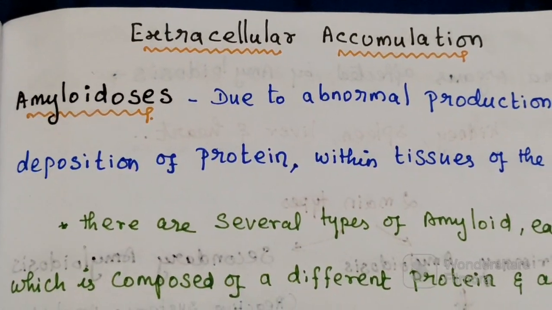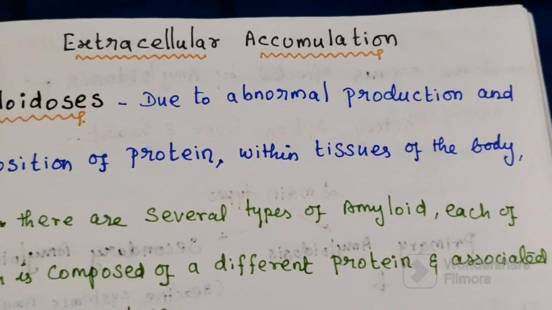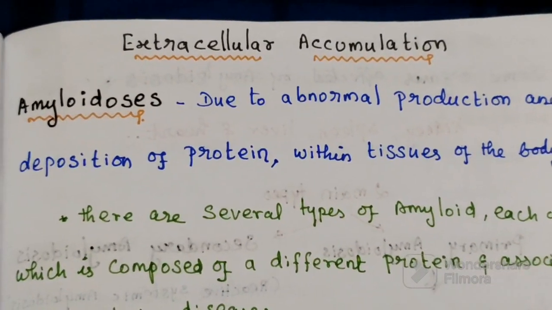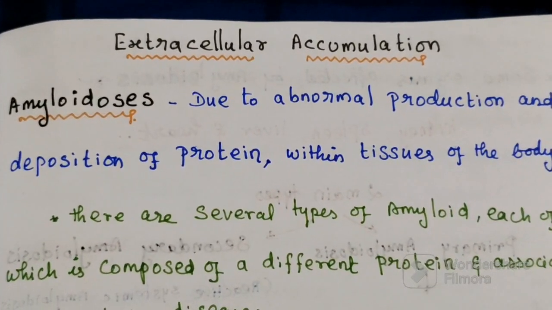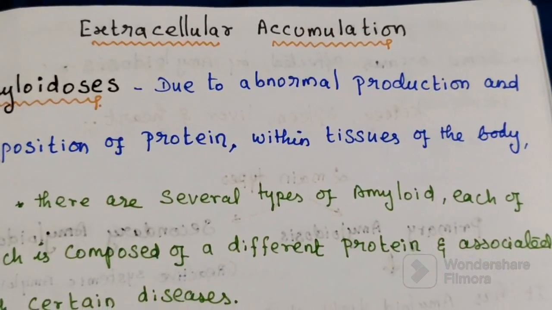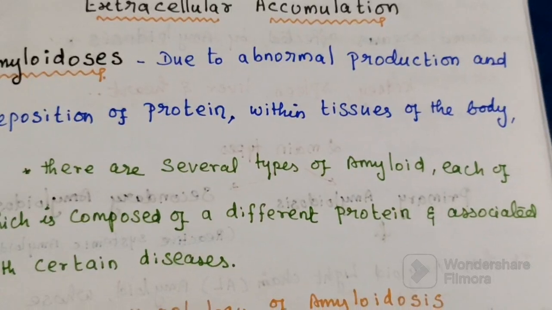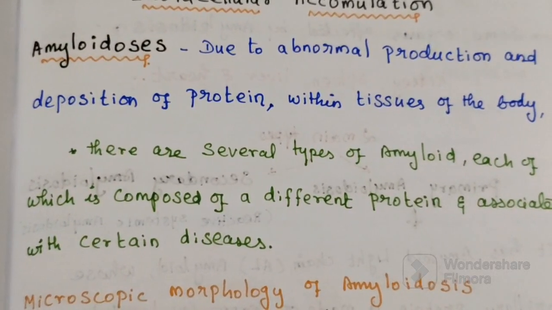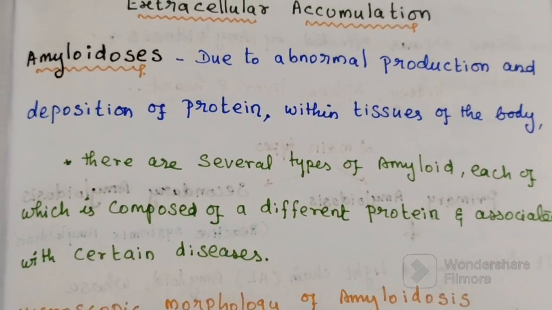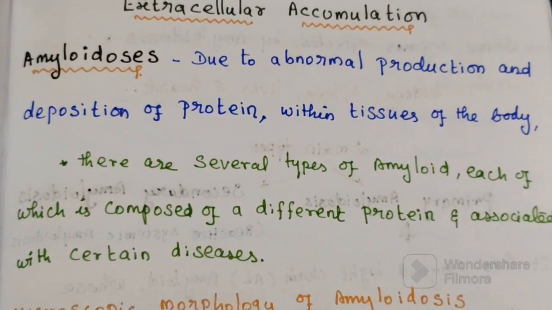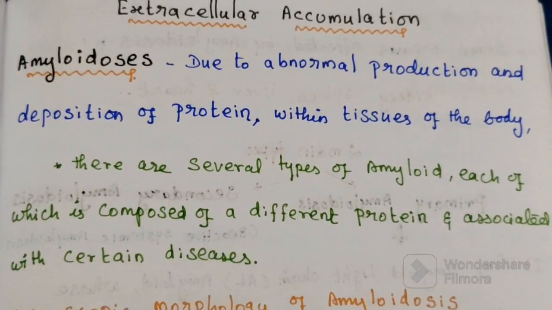It is the most important and common protein deposition inside the tissue, outside the cell or in between the cells. This is called amyloidosis.